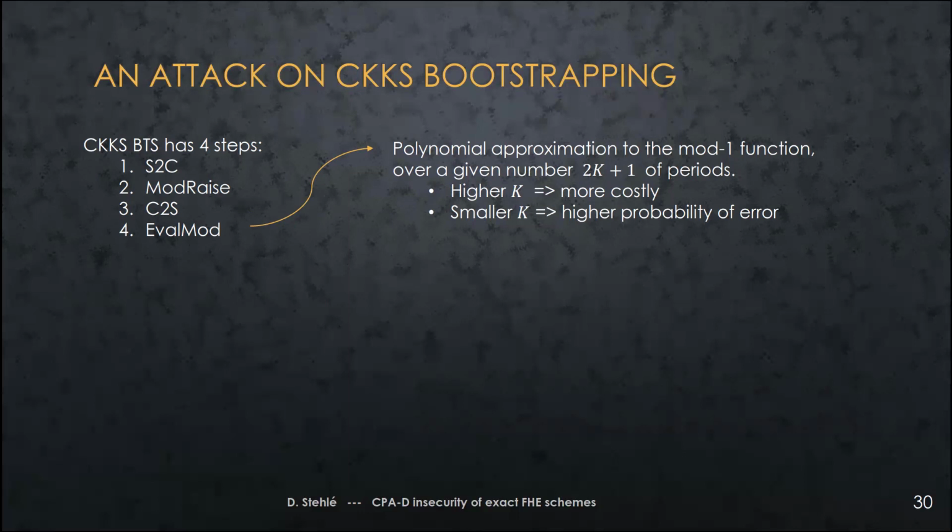That means we need to homomorphically evaluate a higher degree polynomial, which takes more time and more depth. And a smaller k gives a higher probability of error, because maybe the input is outside of the polynomial approximation domain.